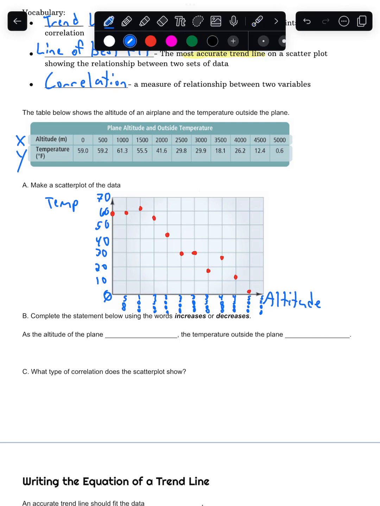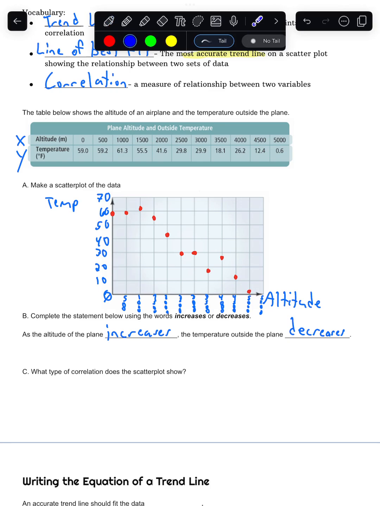All right, as the altitude of the plane increases, because I don't want to work backwards on my graph. So as that increases, the temperature outside the plane, well, if you look at it, temperature started up here, it kind of went up a little bit, but for the most part, its trend is to decrease. Okay, so what type of correlation does that scatter plot show?